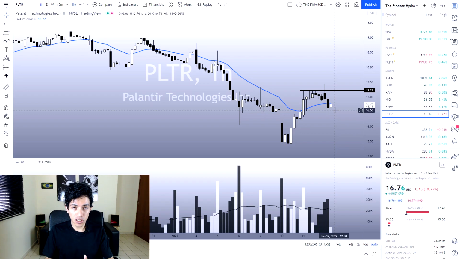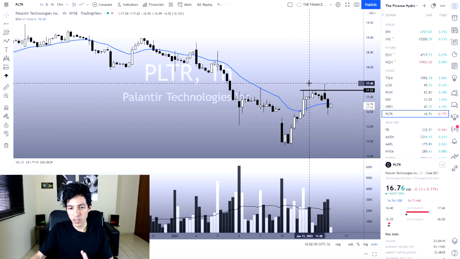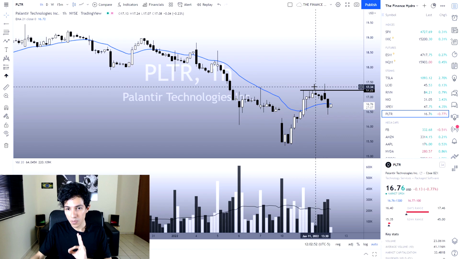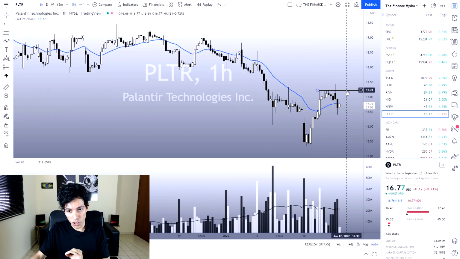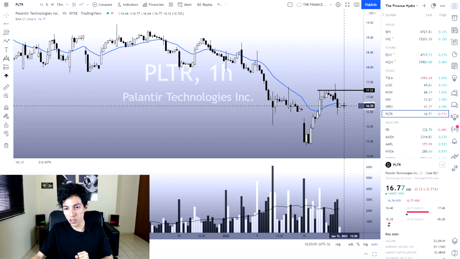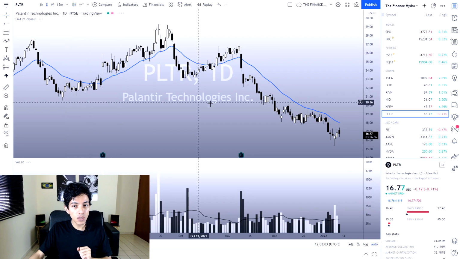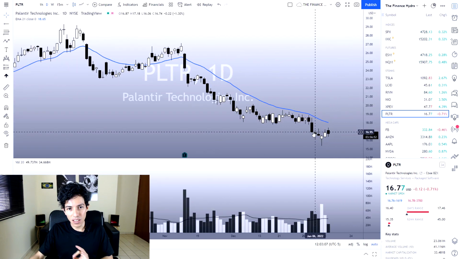And when the confirmation comes, at the breakout of the $17.23, okay, we're going to have a bullish structure in the 1 hour chart. We're going to leave the EMA behind for good, and we are going to deny the idea of a dead cat bounce in the daily chart.